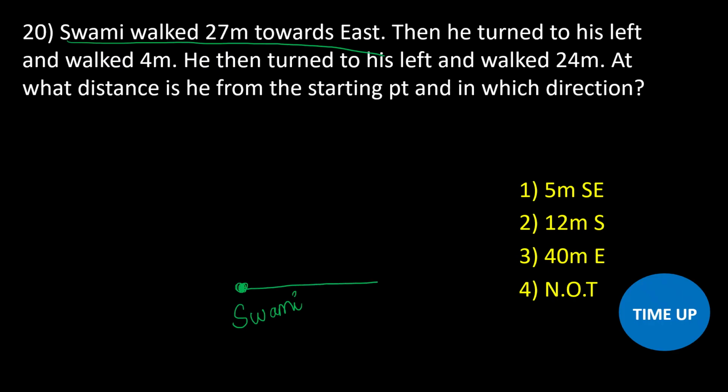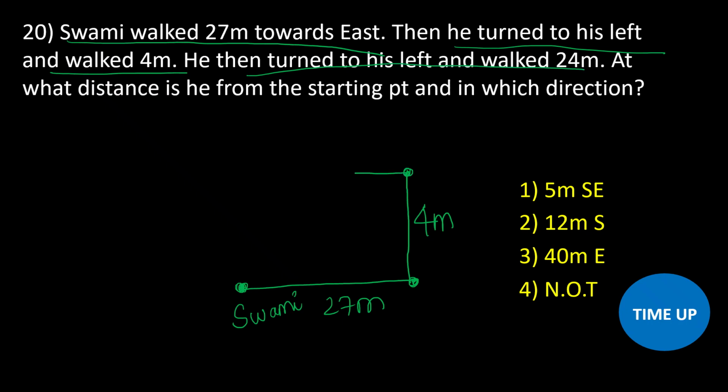He walked 27 meter towards east. Okay. Then he turned to his left and walked 4 meter. Then he turned to the left and walked 4 meter. He then turned to his left and walked 24 meter.